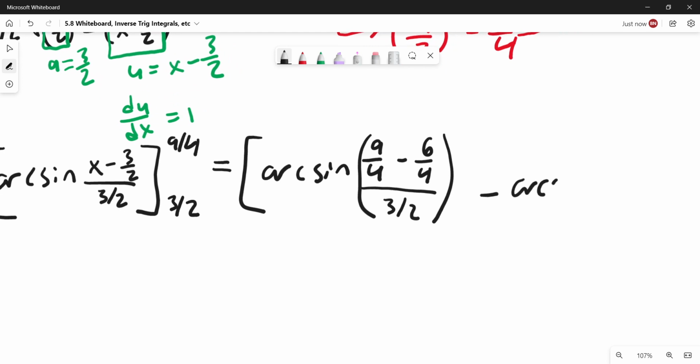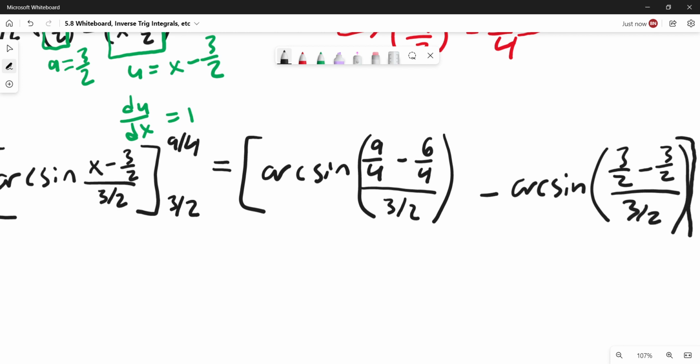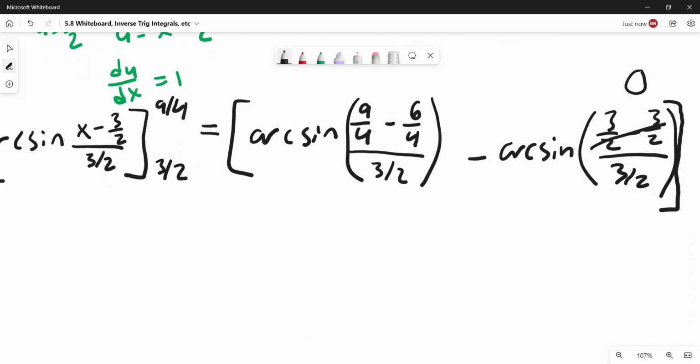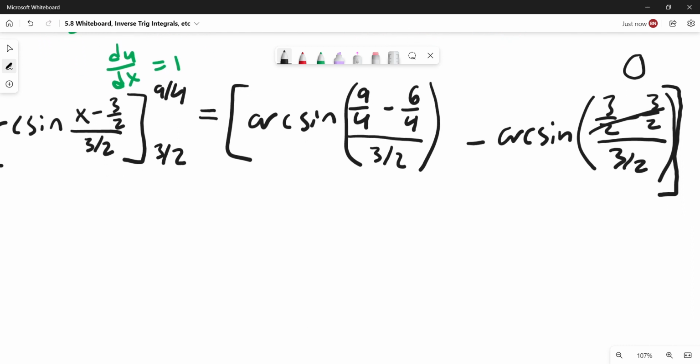Minus arcsine of 3 halves minus 3 halves over 3 halves. So this is going to be a 0. This is just a slight little annoyance of trying to work this out at the end.